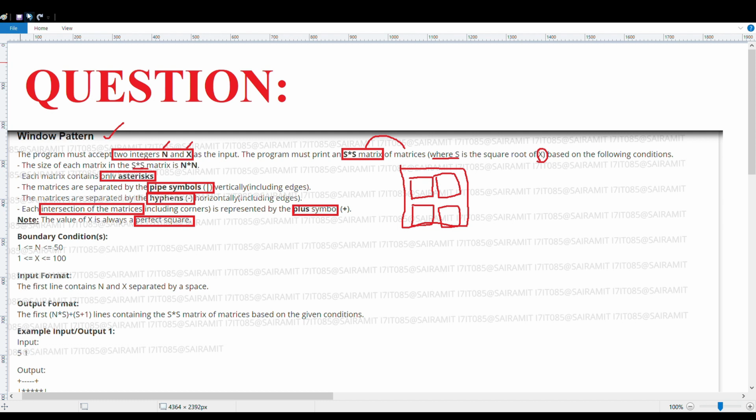That is what is asked in the question. Now moving further, input boundary conditions: n should be less than 50 and x should be less than 100. Input format: you are getting n and x in the same line separated by space, and you have to print the matrix as the output.